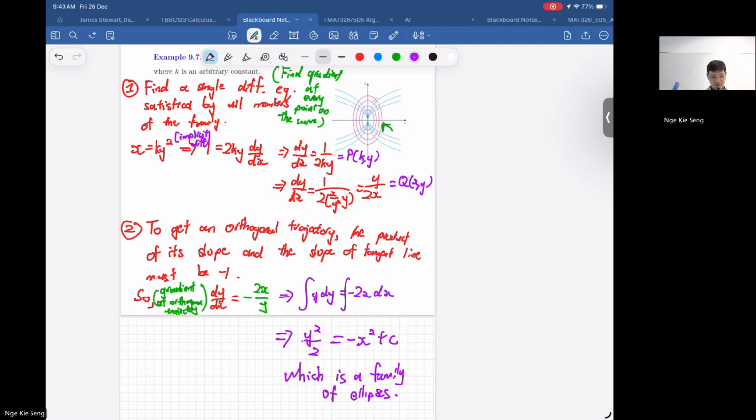Zhe Han, Jia Lan, Jia Cheng, yeah. Wang Qijun, okay.